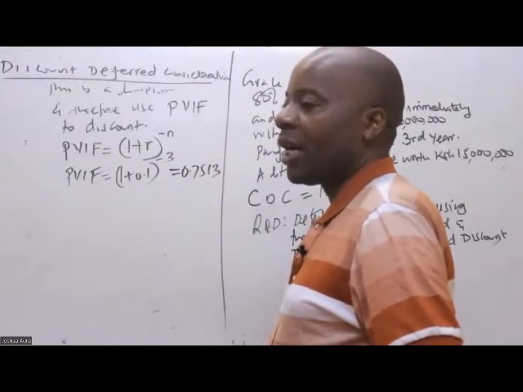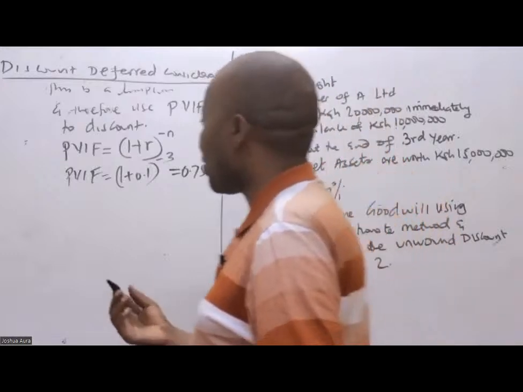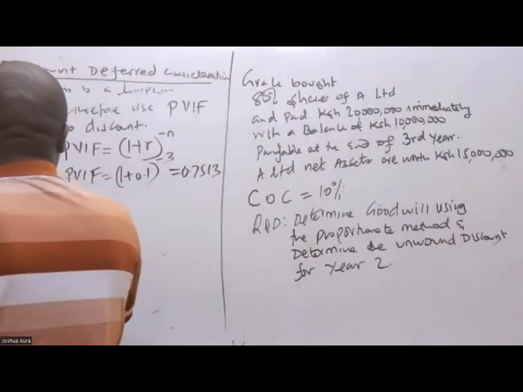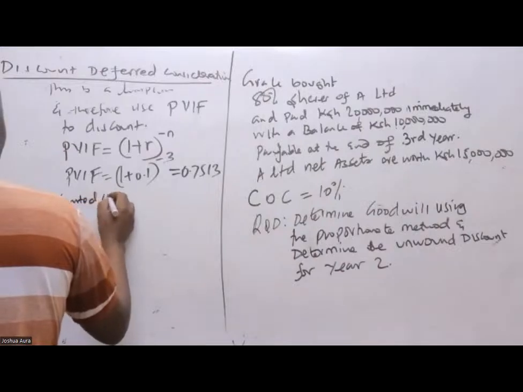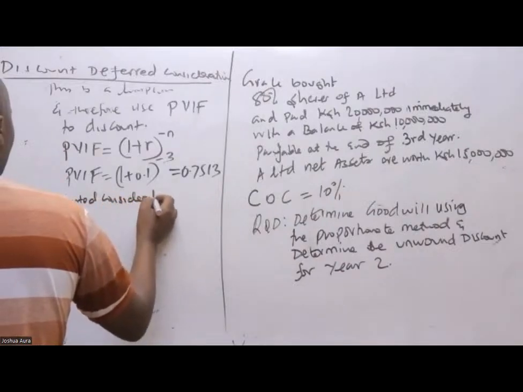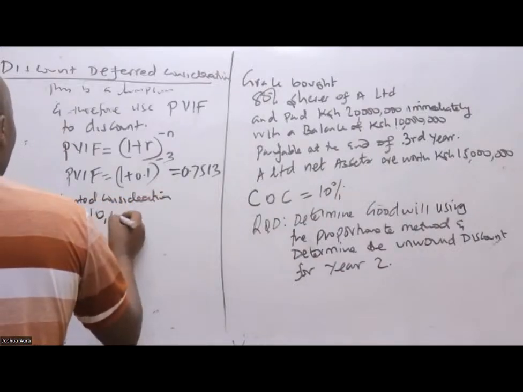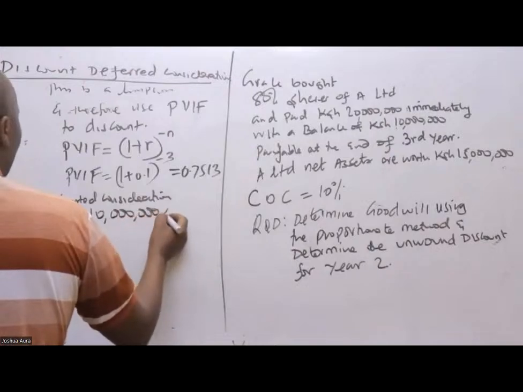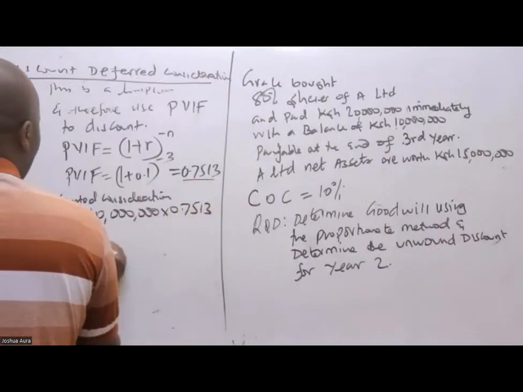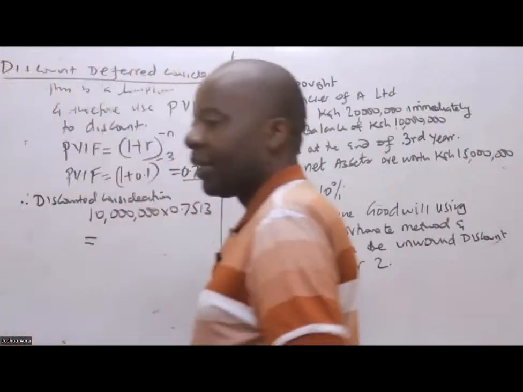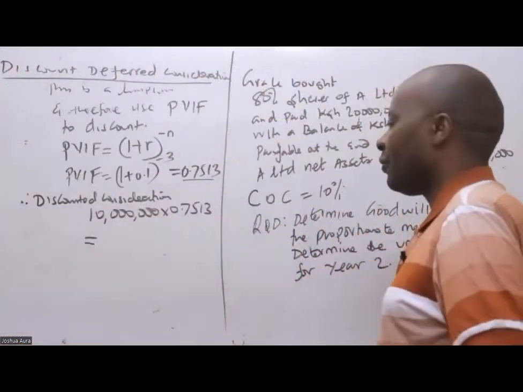And therefore, the discounted consideration will be the 10 million times this 0.7513, which will end up giving me what amount? 10 million times 0.7513.